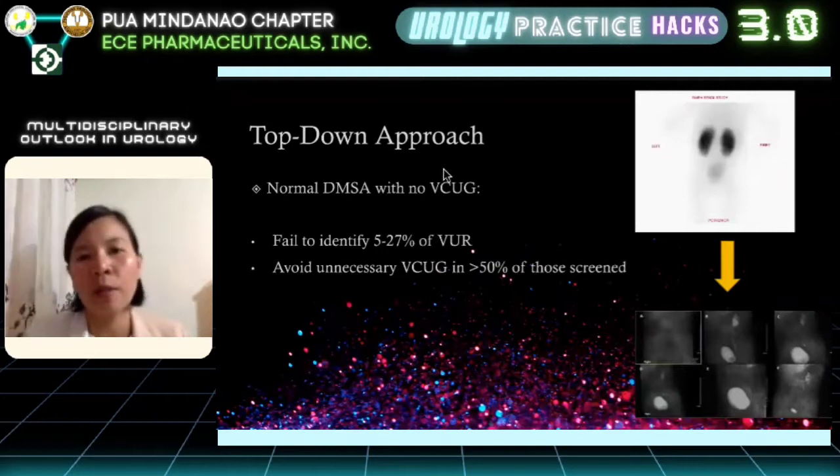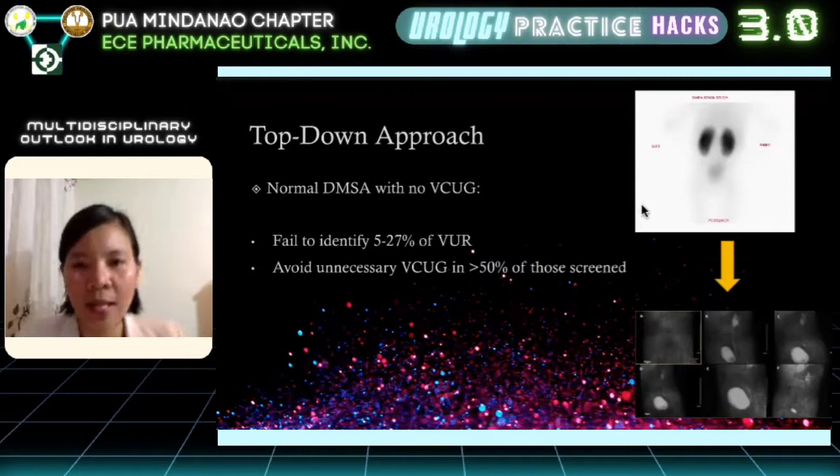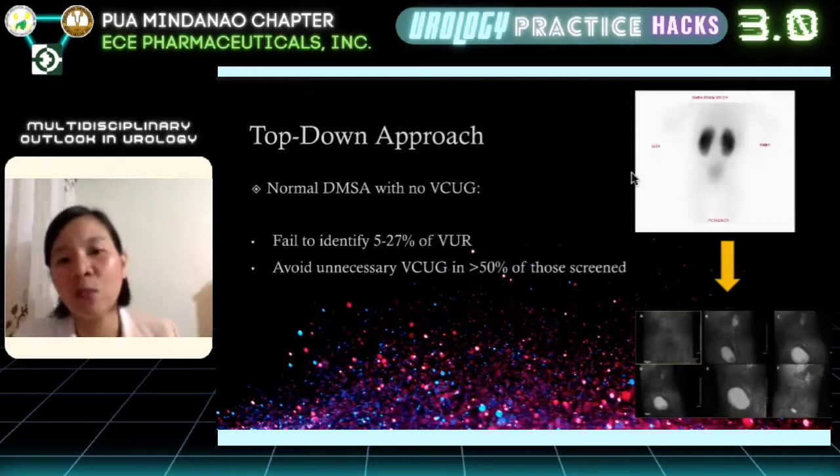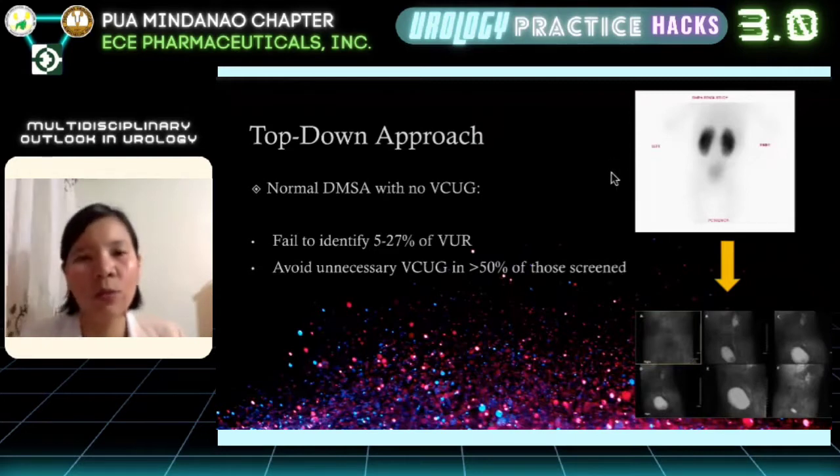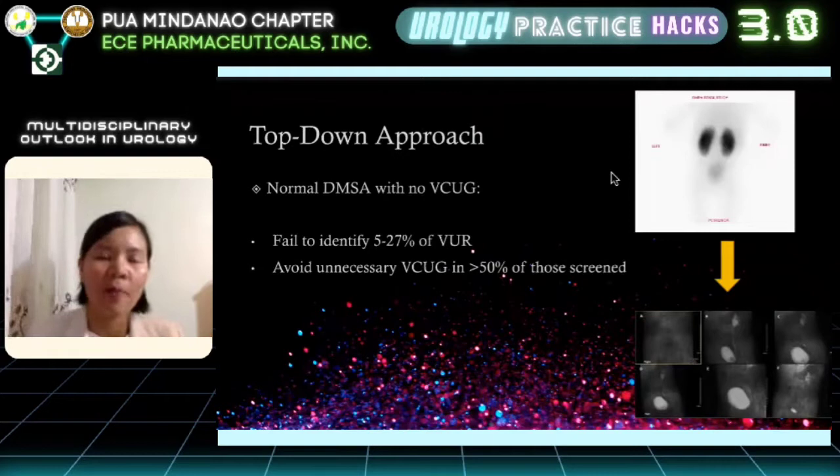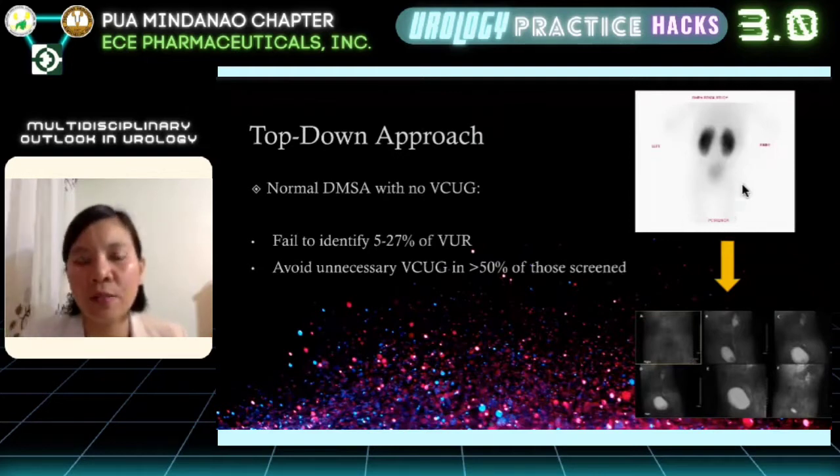For the top-down approach, initial DMSA scan is requested first, and if it is normal, then no need to do voiding cystourethrogram. However, if scarring is found on DMSA scan, then VCUG is recommended.